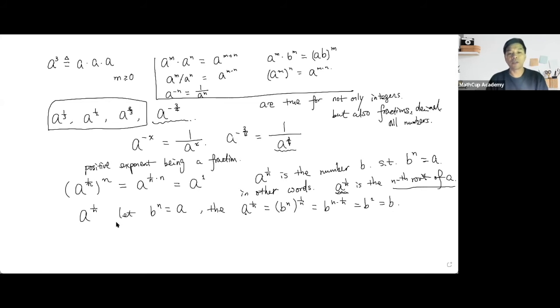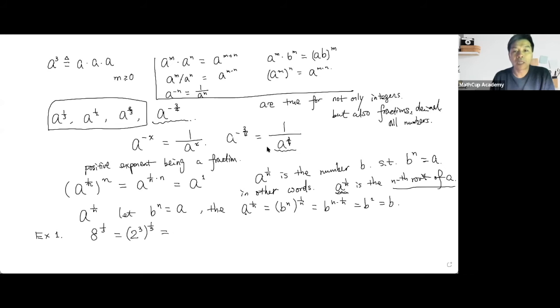Let's look at a few examples to see this in action. Let's look at example 1. What is 8 to the power 1/3? Now we know that 8 equals 2 to the power 3, and this is raised to the power 1/3.